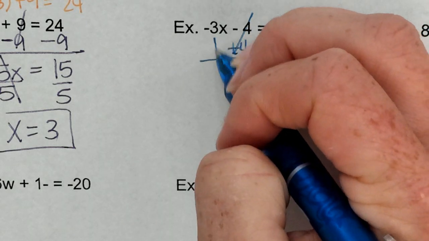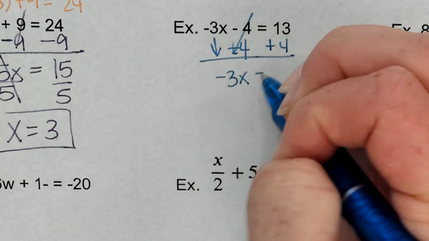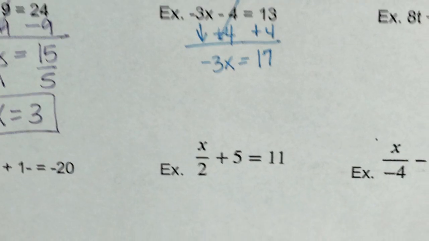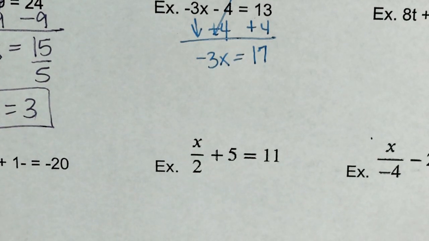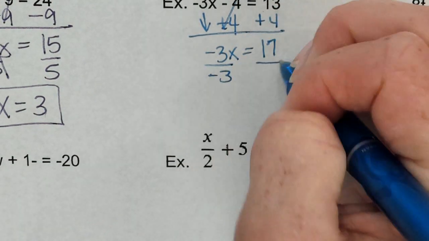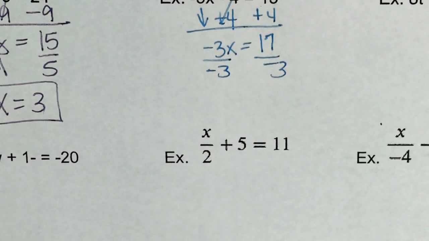I now have negative 3x equals 17. I now need to get rid of the coefficient, negative 3. Yes? How am I going to get rid of it? I do the inverse, which is divide by negative 3. Do not divide by positive 3, because then x would be negative, right? I want to get it to positive.